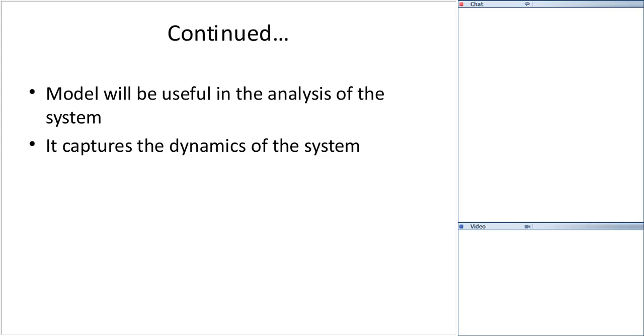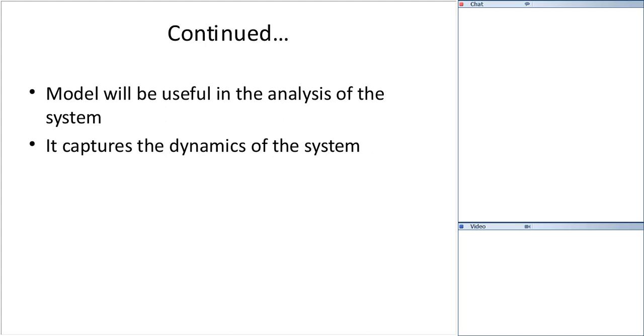The model will be useful in the analysis of the system. It captures the dynamics of the system. By dynamics we mean, for example, if you have an RL network, it is a first order RL circuit, a first order system. If you apply a step input, it exponentially rises to the steady state value, and you know its time constant, how it is varying.